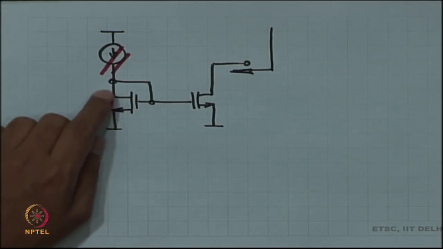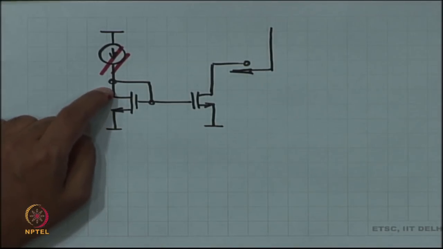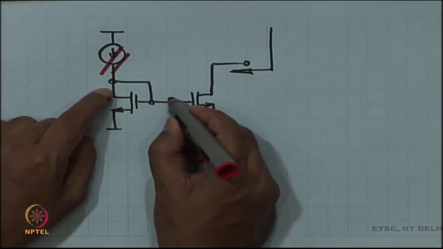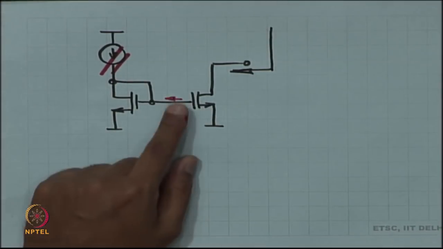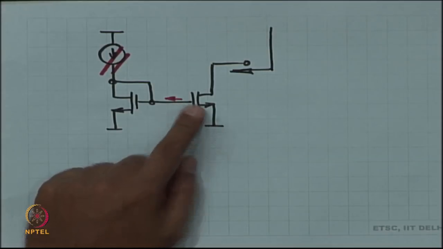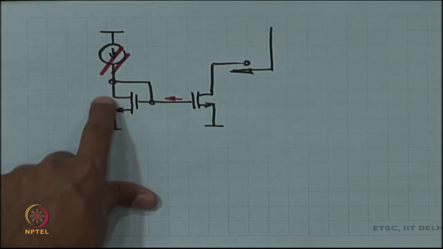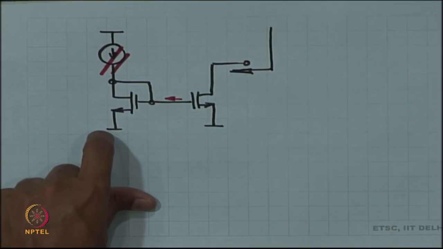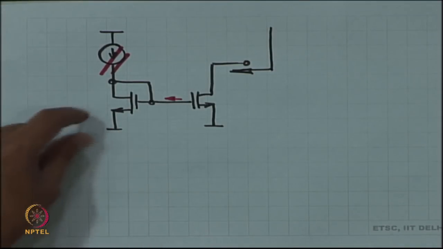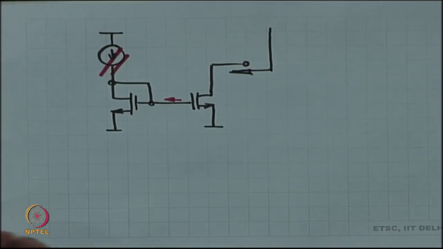Okay. And then what are you going to do? What is this current? Gate current is 0, perfectly 0, which means the current going into this drain is 0, right. Gm times Vgs is 0, right.